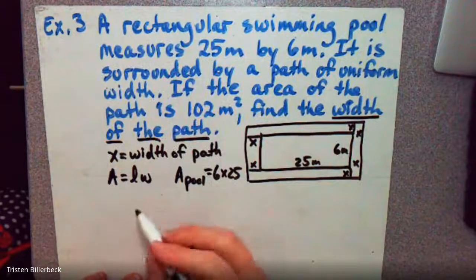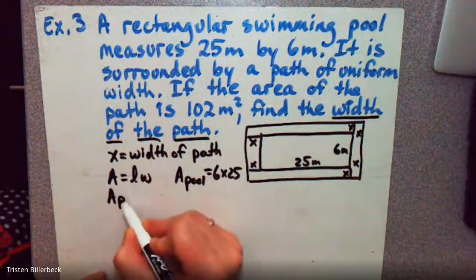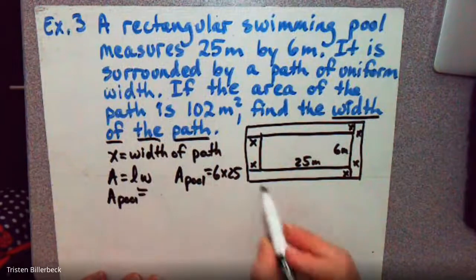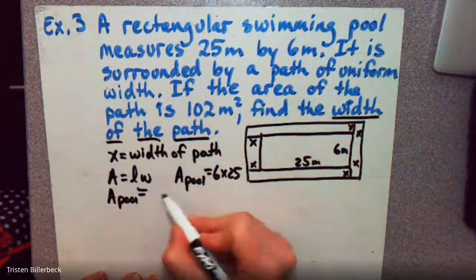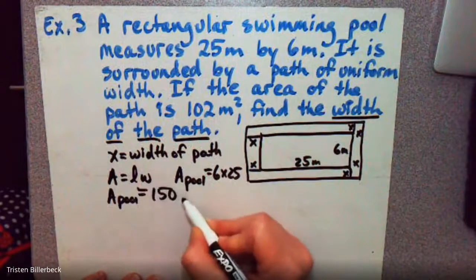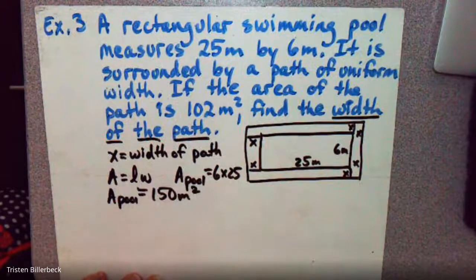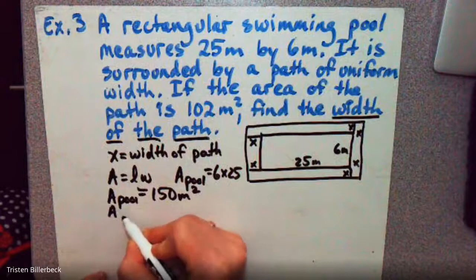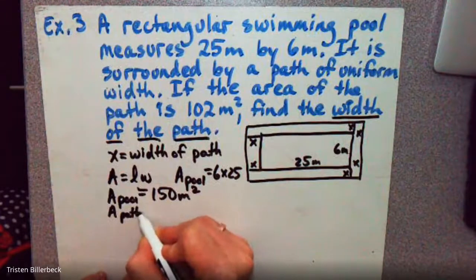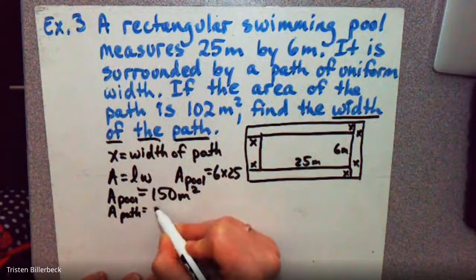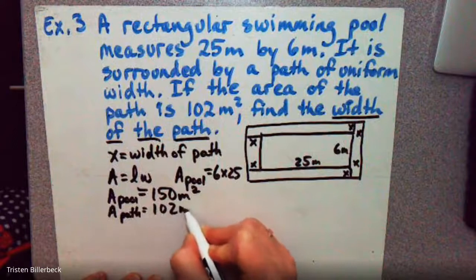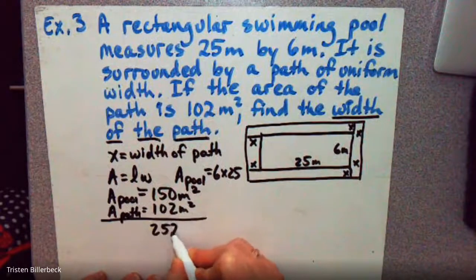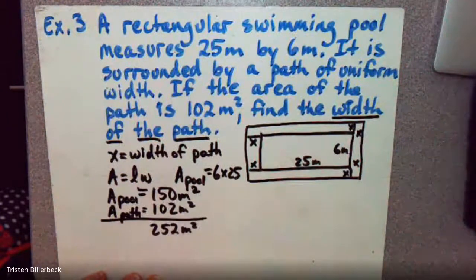Okay, so our area of the pool ends up being 6 times 25 is 150 meters squared. And now we want to add the area of the path, and that is 102 meters squared. We add it together and we get 252 meters squared total.